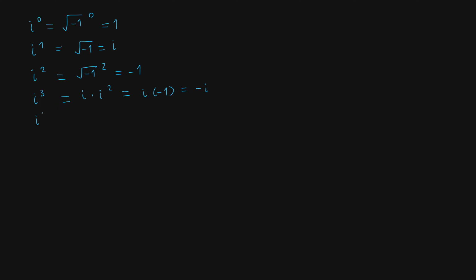Then i to the fourth power is i times i to the third power, so i times negative i, which is negative i squared, which is negative times negative 1, which is just equal to 1.